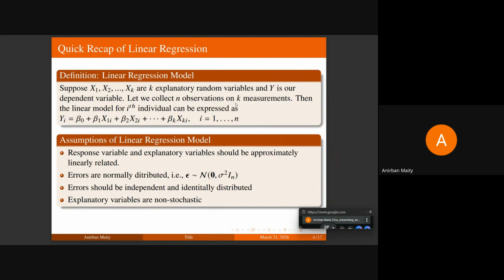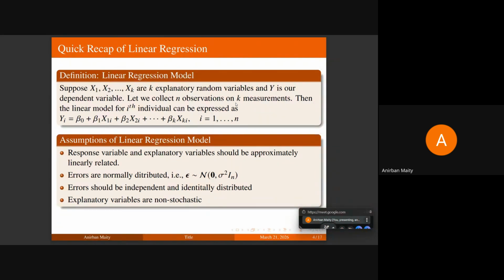In every linear model, that is linear regression and GLM, we assume that our explanatory variables are non-stochastic. Non-stochastic means we will not assume any distribution for the explanatory variables. So these are the four assumptions of the linear regression model.